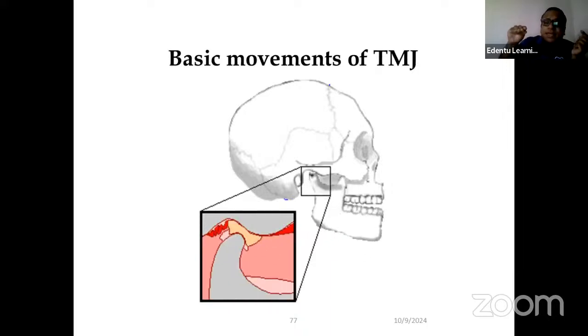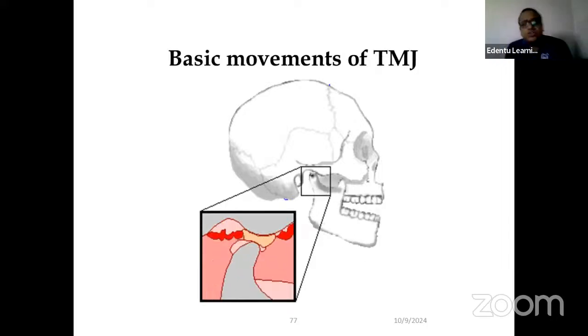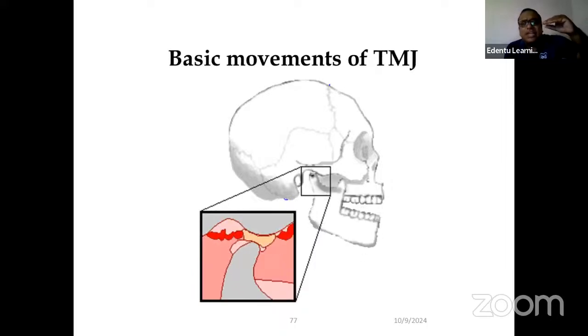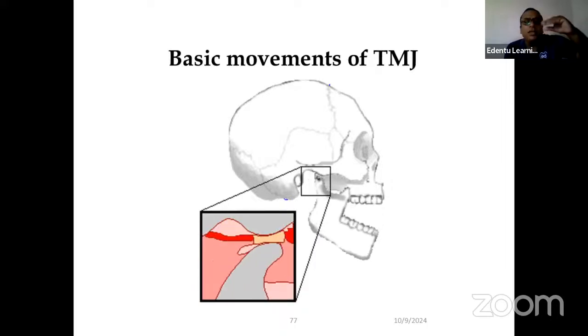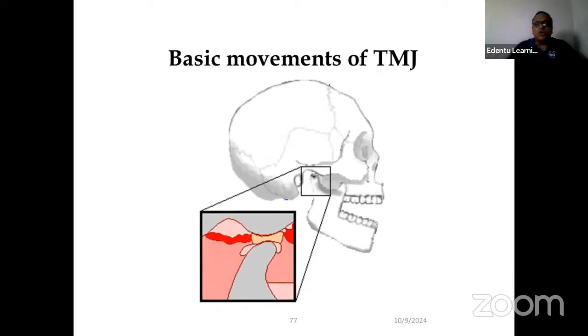And whenever I say 'lay', my mouth is opening. So medial pterygoid is for closing the mouth. Lateral pterygoid, 'lay', my mouth is opening, so it is for opening the mouth.